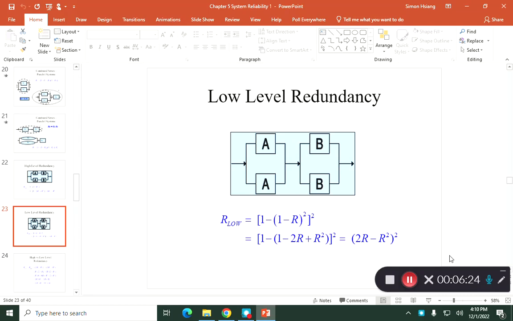Well, COVID probably made you guys think, do I really have to be in school, in the classroom all the time? But on the other hand, there are certain things probably better learned with eye contact, with discussions, with labs, right? So the take-home message here is that usually low-level redundancy is better than high-level redundancy.